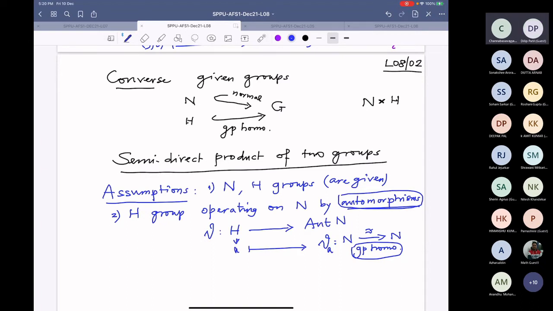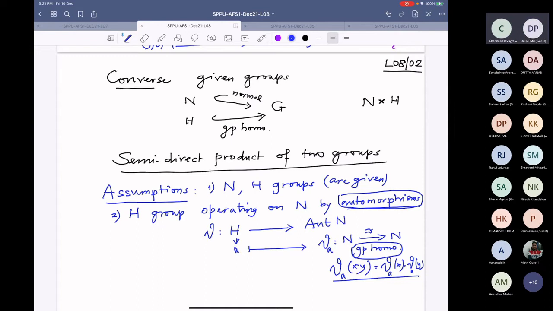So theta_A evaluated at x times y is the same thing as theta_A(x) times theta_A(y). It respects the group operation. The group operation here is written as a product, and here also as a product.